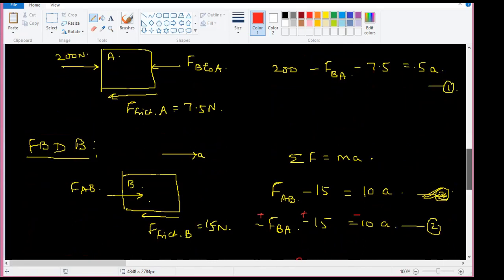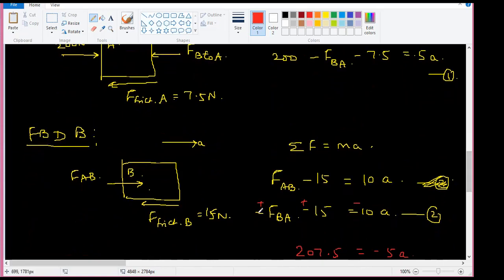Anybody? Any mistakes which I'm doing here? Yes, yes, so this is correct. Plus here 15, minus 5a. If I add this and this, I will be getting minus 5a plus 7.5, so this will cancel. What is the mistake I'm doing?